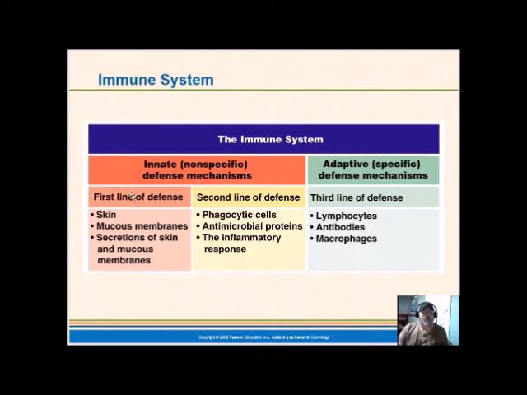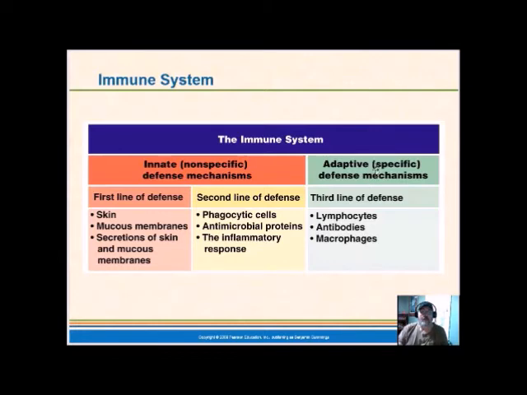So first-line defenses include skin, mucous membranes, and secretions of skin and mucous membranes, which prevent bacteria from actually getting in. They're kind of the moat around the castle of our body. The second line of defense is phagocytic cells, antimicrobial proteins, and the inflammatory response.